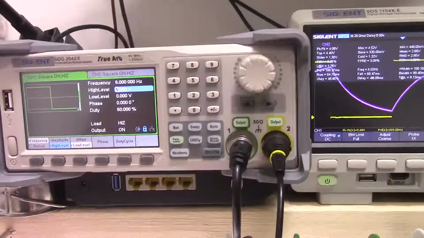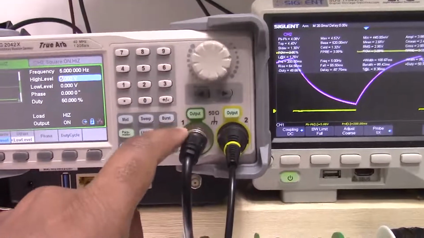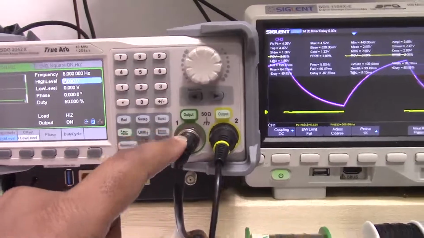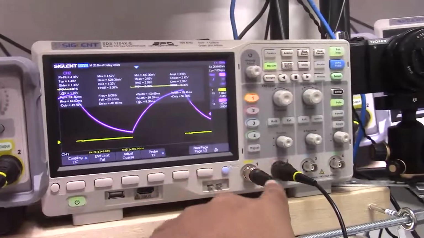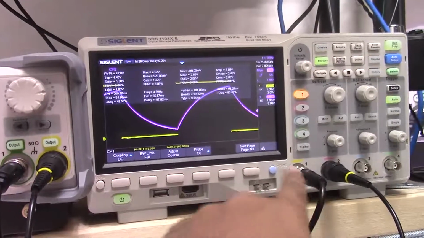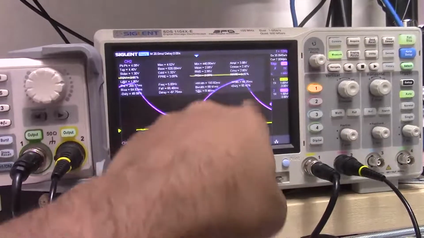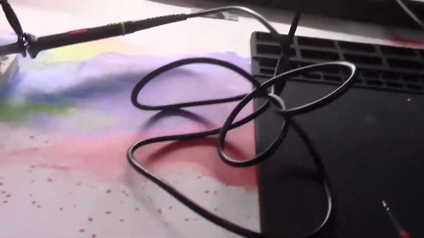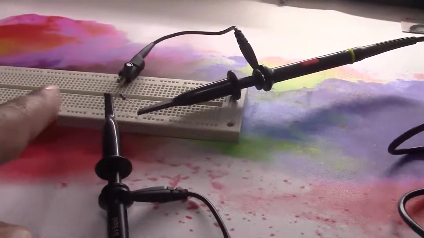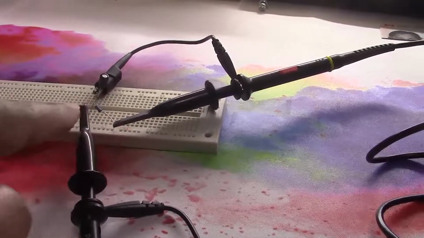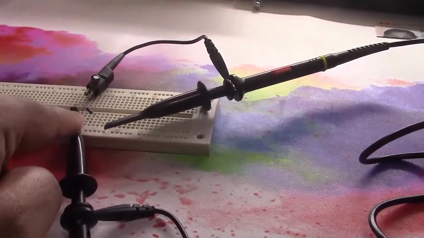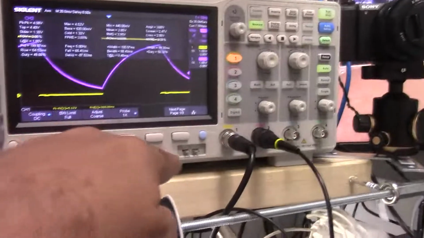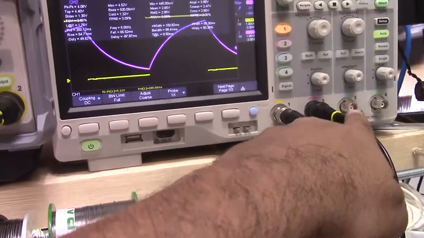What I have over here is the output, and this is directly connected to the input of the oscilloscope. That will give me the step response, the actual square wave. The second output over here is connected to the input of the circuit, and the output of the circuit is connected to this part of the oscilloscope over here. So that's what we have over here.